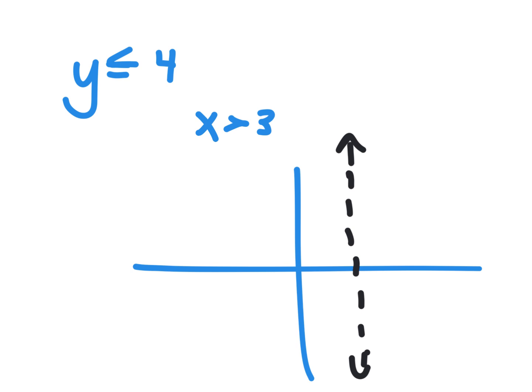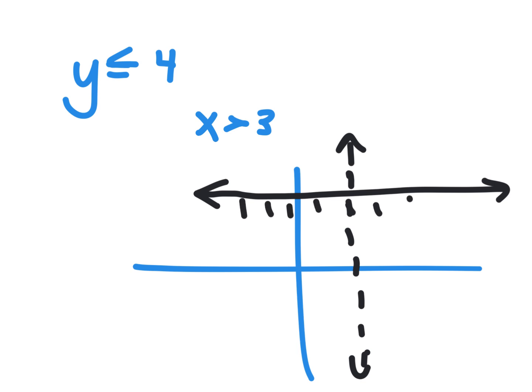Well, here's 4. And it's a solid line because it says or equal to. And it's less than this. It was bigger than 3. No, wait. Oh, yeah, that is right. Oh, my gosh, it's pretty much the same place as last time.